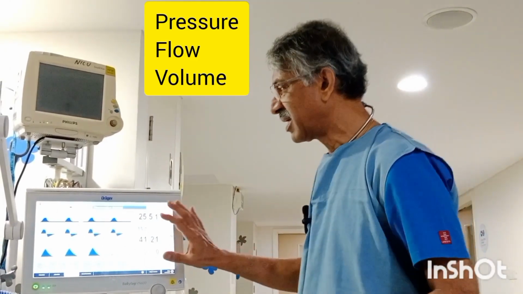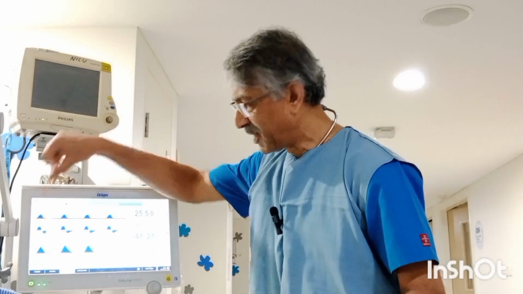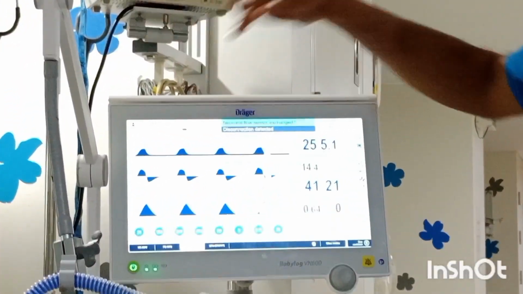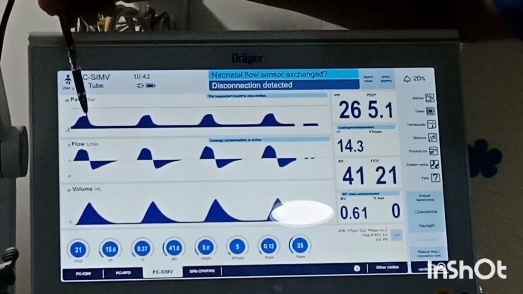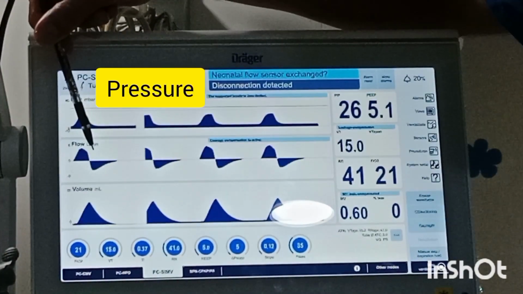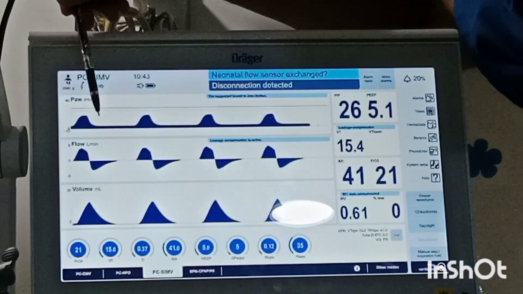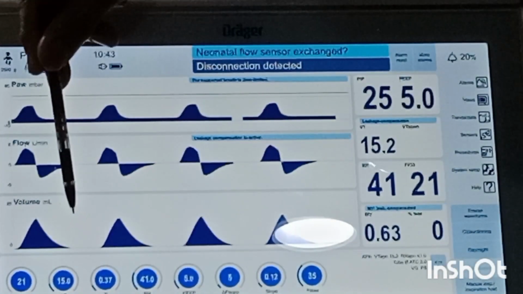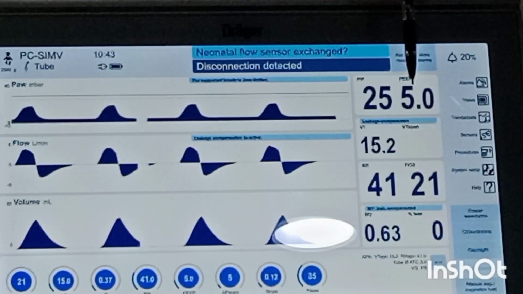Now, in the scalar graphics, what I am showing here is the pressure curve, this is the flow curve, and this is the volume curve. If you look at this scalar graphic, all these three things are depicted against time.